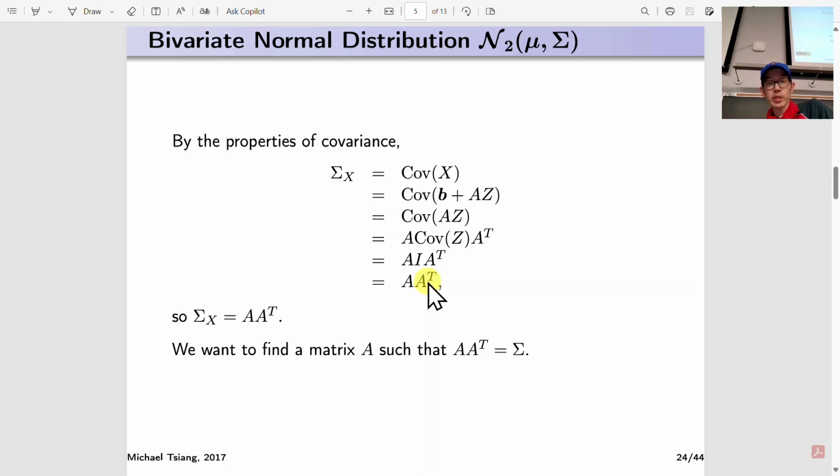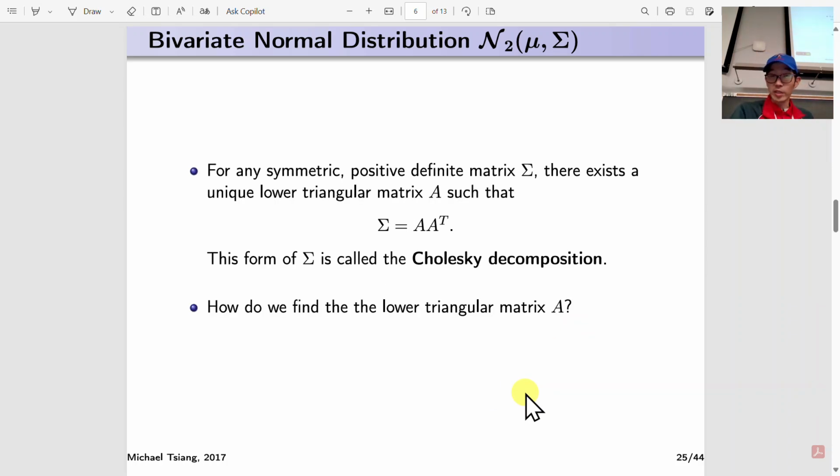So if this is the desired covariance, sigma x, whatever arbitrary matrix we've decided, what we need to do is figure out a matrix A so that A A transpose is equal to this desired matrix sigma x. And how do we do that? Well, we have a thing called the Cholesky decomposition.